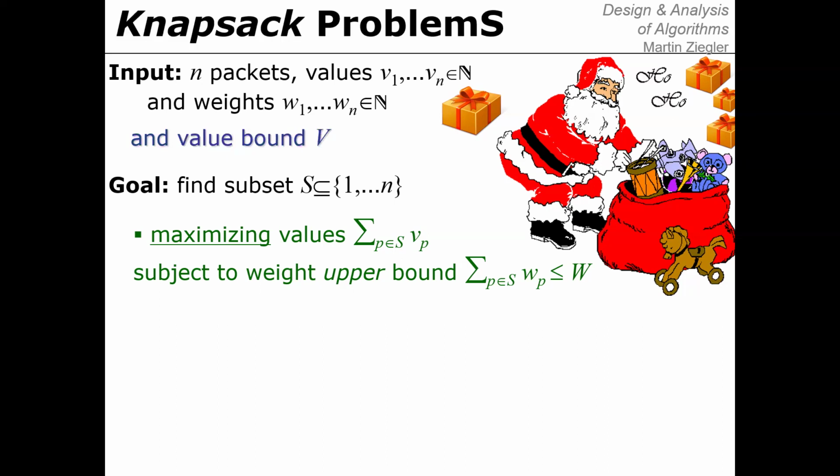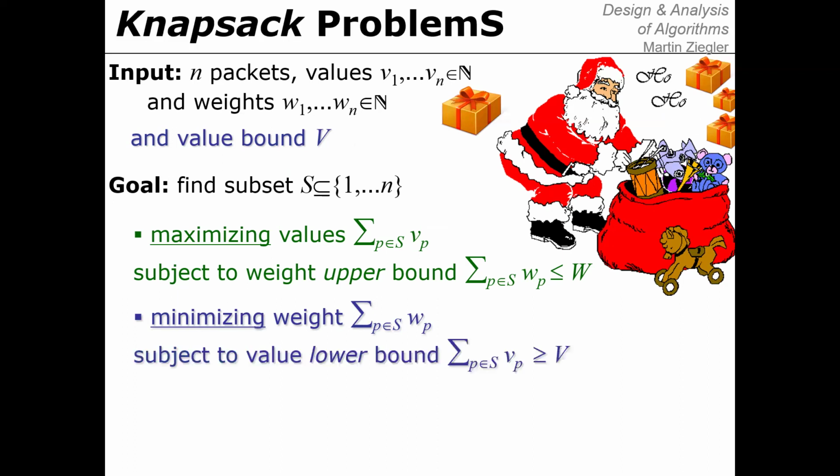Then Knapsack also comes in a variant as a minimization problem. Here, instead of an upper bound on the weight, we have a lower bound on the value. And we want to put that much value into the knapsack, but make it as light as possible. Minimize the weight subject to the lower bound on the values. Second variant of the knapsack problem.